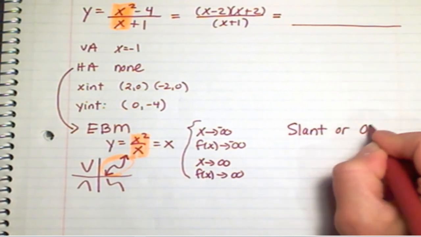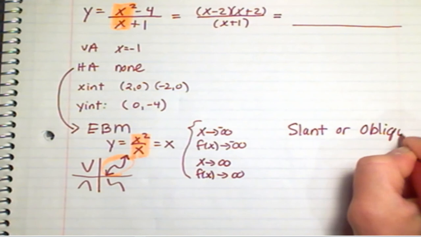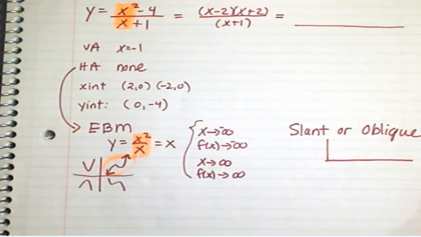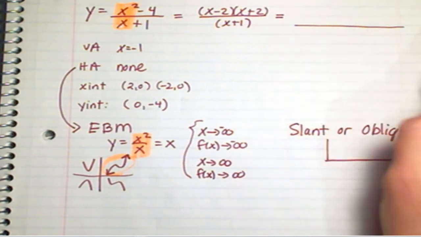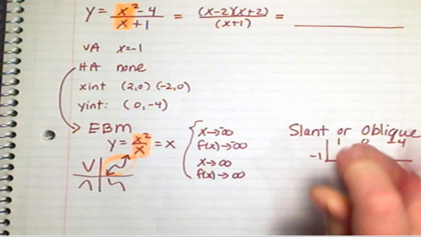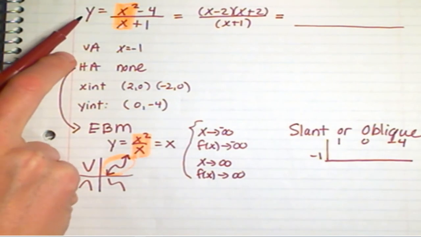Slant or oblique asymptote. And the way that we find that is by doing the division. That's what this last blank is for here. So 1, 0, -4. Notice I'm going from standard form, not factored.